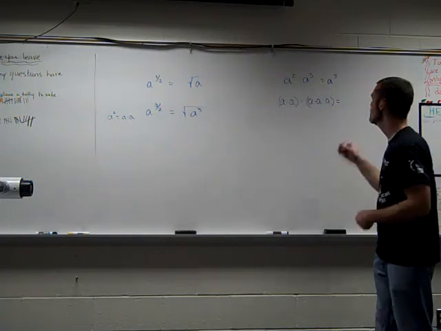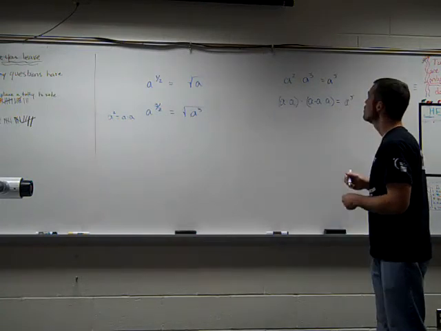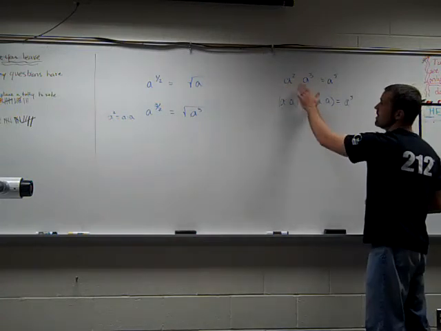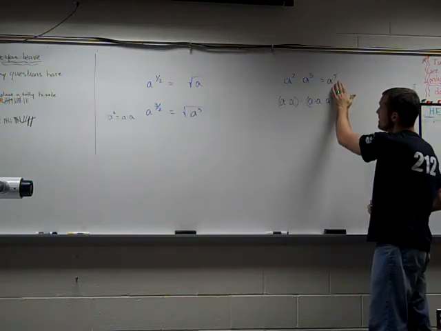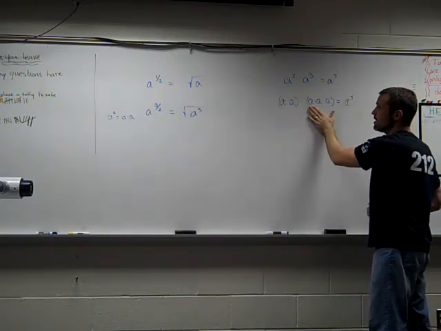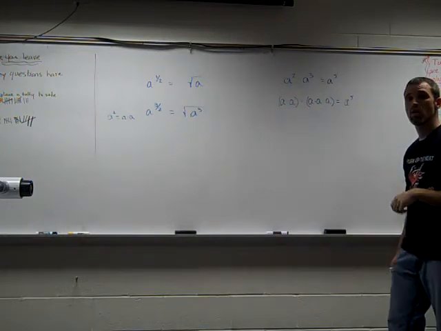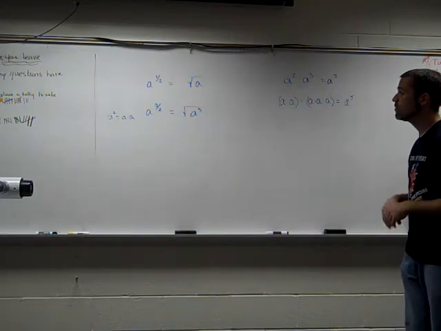That sounds like a to the 5th. And indeed it is. So when we're multiplying exponentials that have the same base, this is why we get to add the exponents, because we're just multiplying the two strings together. So these are some things you need to keep in mind.